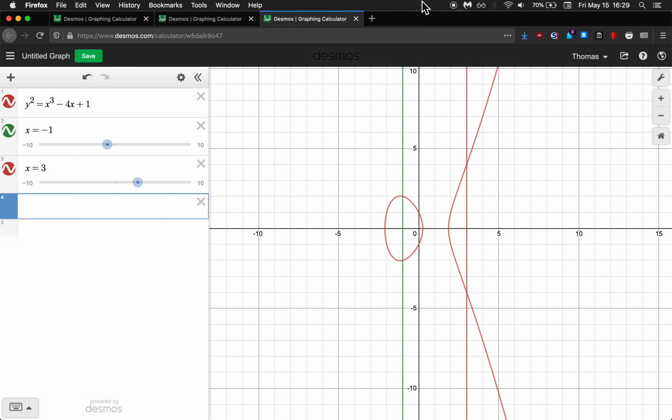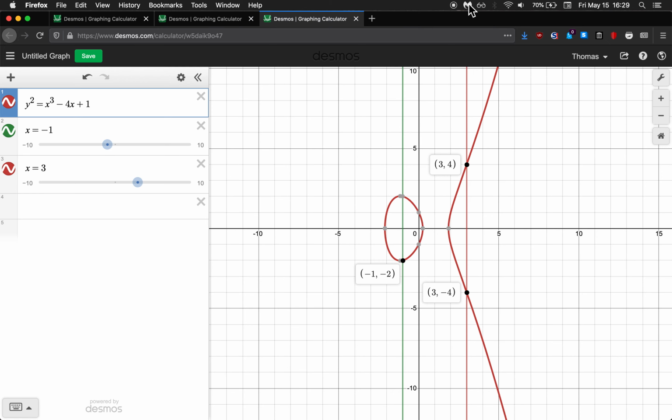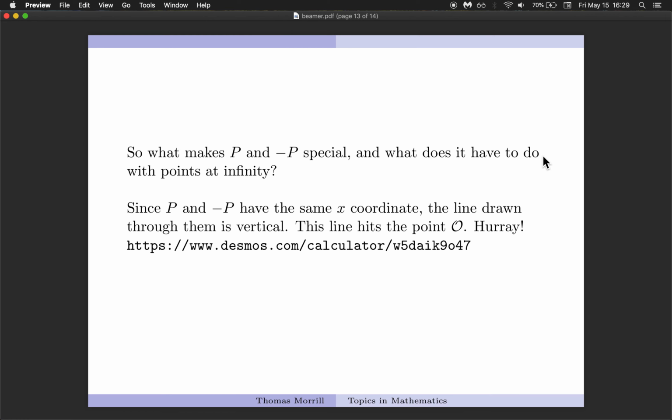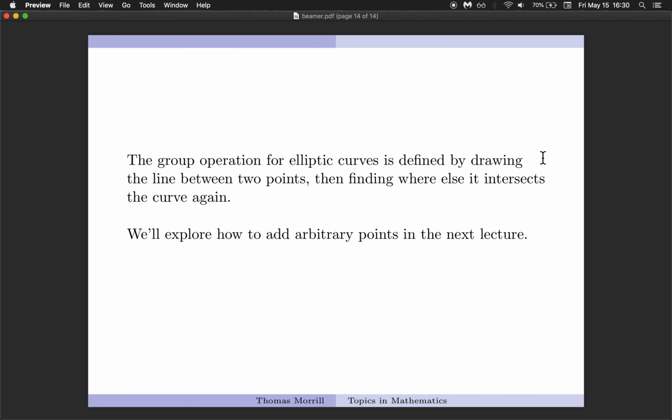They're going to meet at the same point. So this point plus its inverse gets me the point at infinity. This other point plus its inverse gets me the point at infinity. So this gives us a very easy way of calculating the inverse of any point.